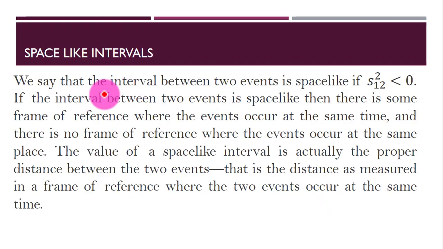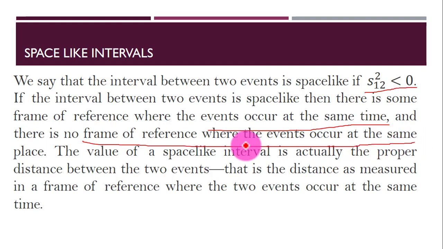For the space-like interval, the separation vector S12 square is going to be less than 0, and if the interval between two events is space-like, then there is some frame of reference where the events occur at the same time, and there is no frame of reference where the events occur at the same place. The value of the space-like interval is the proper distance between the two events, that is, the distance as measured in a frame of reference where the two events occur at the same time.